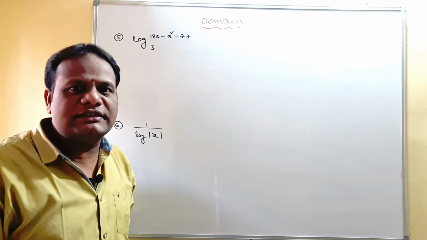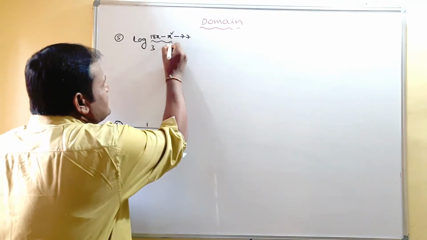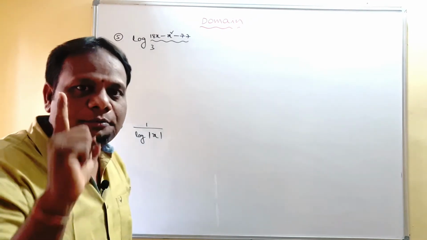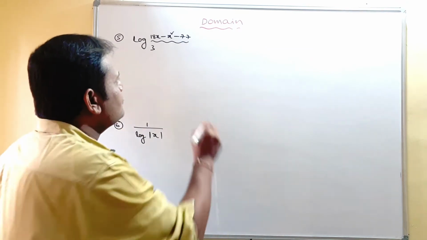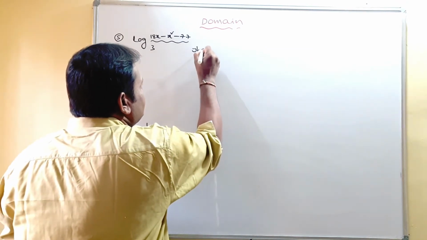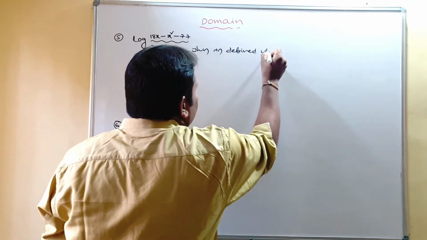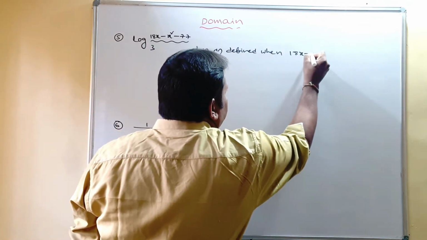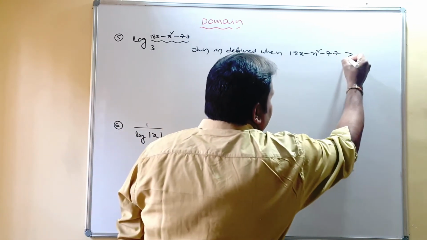In a log, the input must be positive, otherwise it is not defined. So we can write that this is defined when 18x minus x square minus 77 is greater than 0.